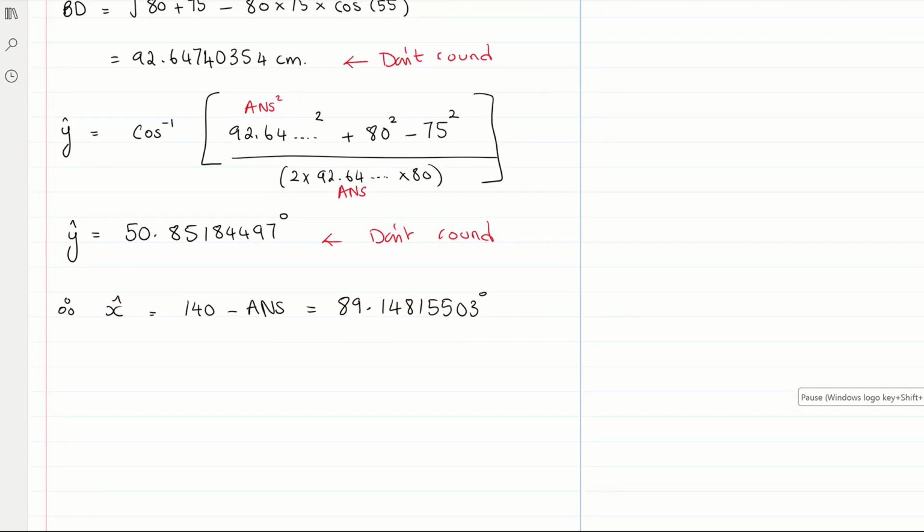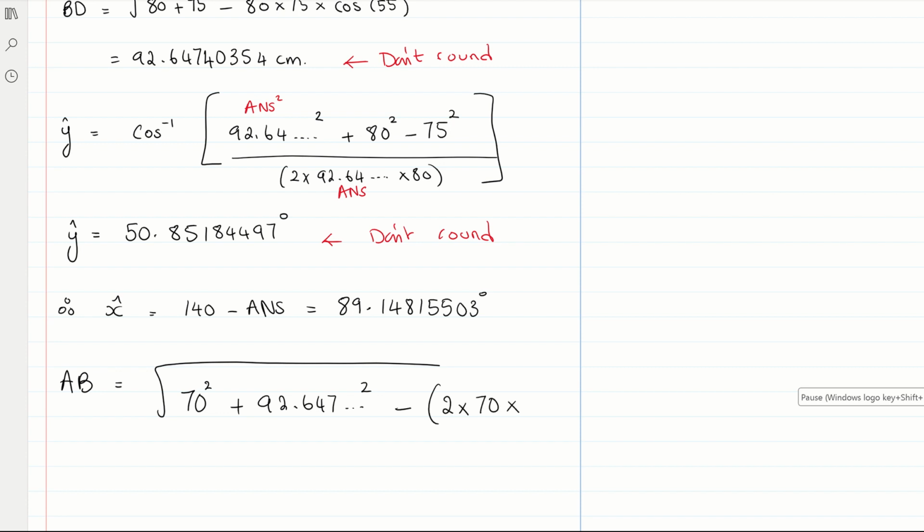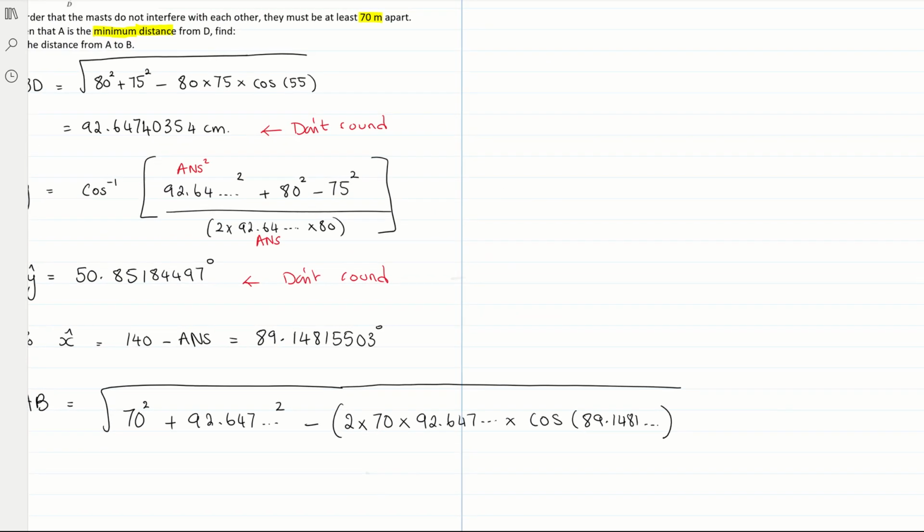So AB is the square root of 70 squared plus 92.647 squared minus 2 times 70 times 92.647 times cos 89. It's good that I've written it down because I don't want to round anything.